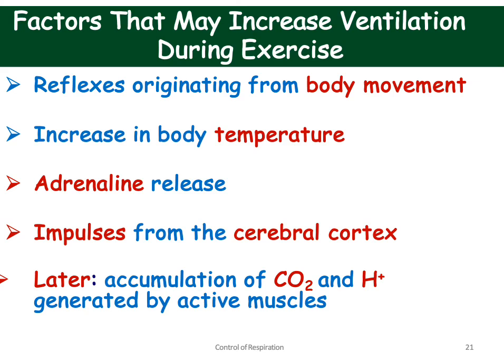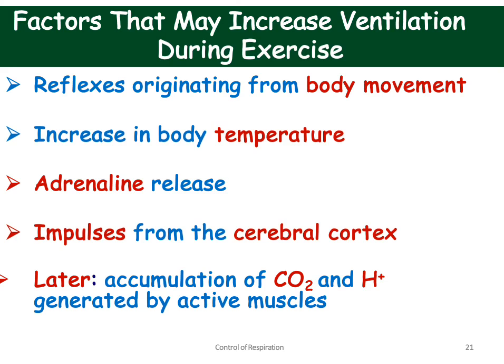The fifth one, the other factor that will increase the ventilation during exercise, is accumulation of carbon dioxide, which leads to an increase in hydrogen ion, besides the lactic acid production by active muscle.